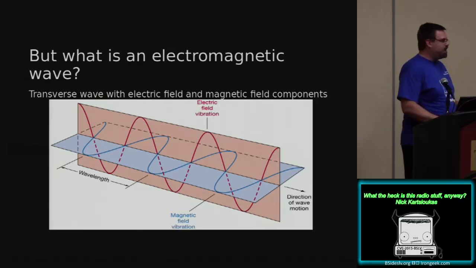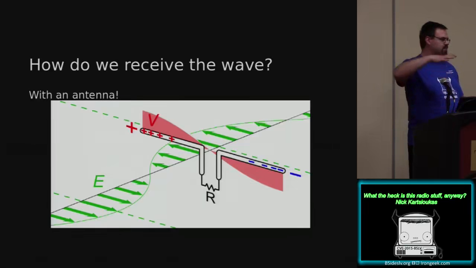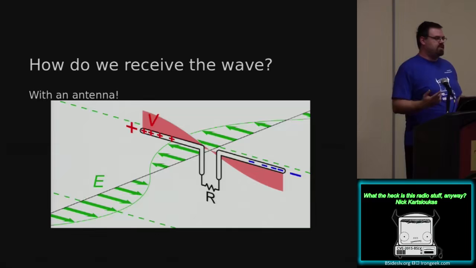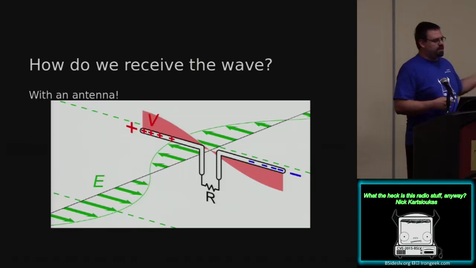You pull those out of the air with an antenna. An antenna can be a piece of wire, can be those funny things you see hanging up on your house to pull in TV signals. But all it does is it resonates at a particular frequency, and when a signal comes in at that frequency, it induces a voltage in your antenna, which can then be detected by your receiver.